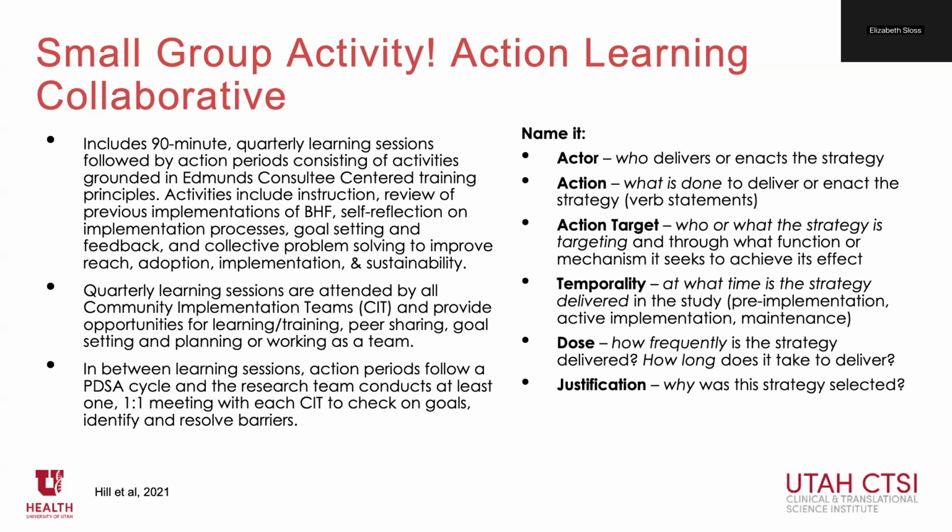So ideally, we would want to specify and almost create like a little 4x4 of all the different components for each of those actions. Not necessarily in as much detail, but as much detail as you could provide, because if you wanted to implement this somewhere else but didn't want to do all those elements, it'd be hard to know what got you to your outcome. If we had all these actions but you left one out, how would you know what got you to the outcome you're trying to get to?